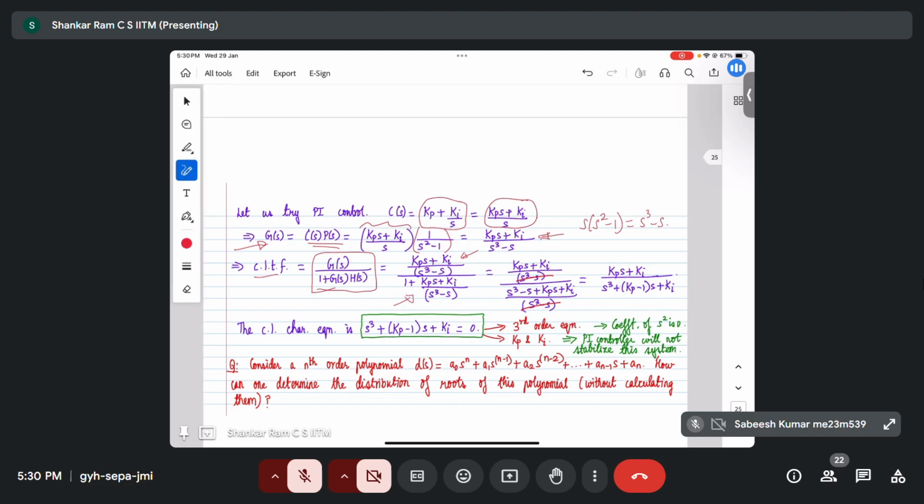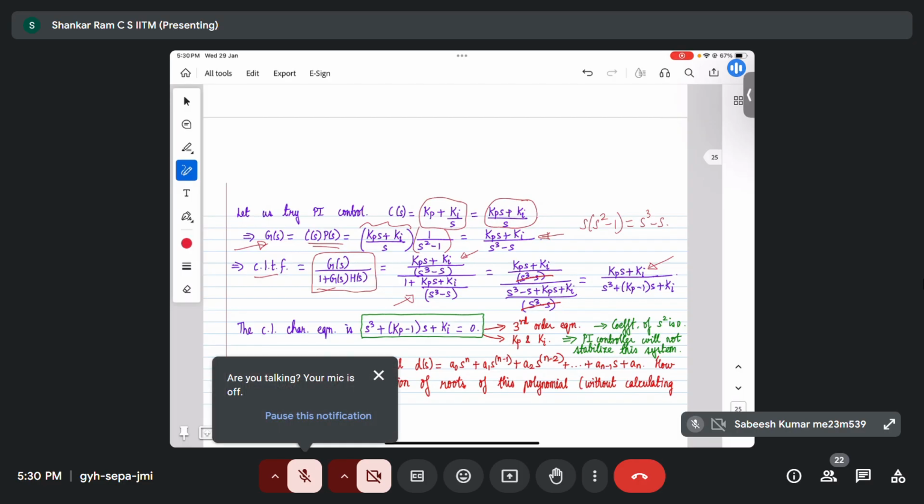We take the LCM and strike off S cube minus S in the numerator and the denominator. We end up with this: the closed loop transfer function for this system with a PI controller comes out to be (Kp S plus Ki) divided by (S cube plus (Kp minus 1) S plus Ki).